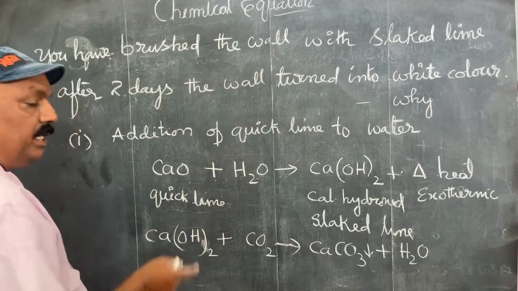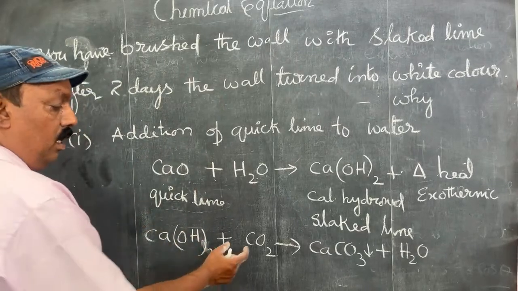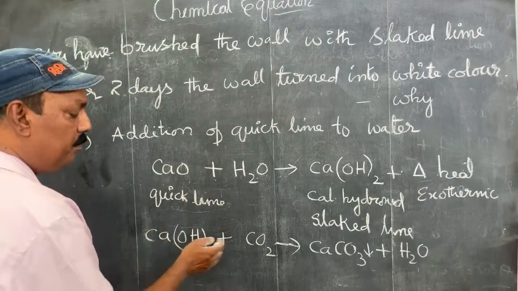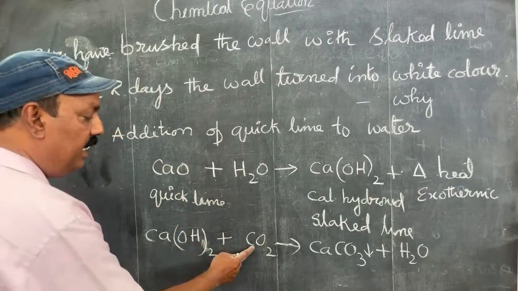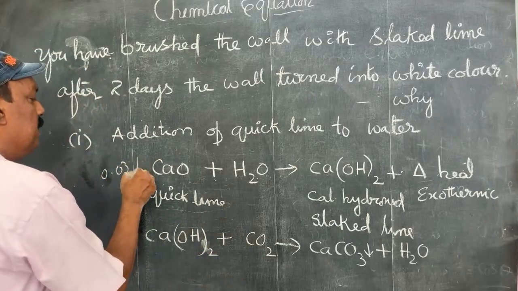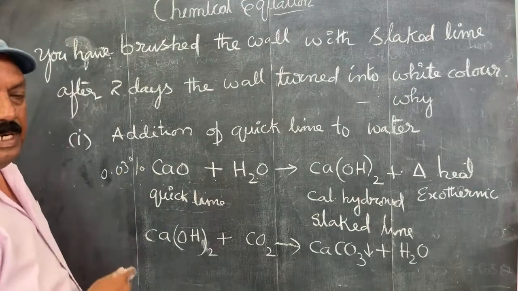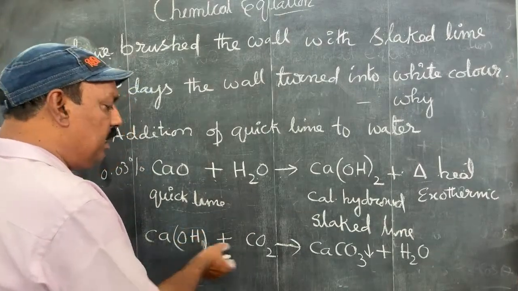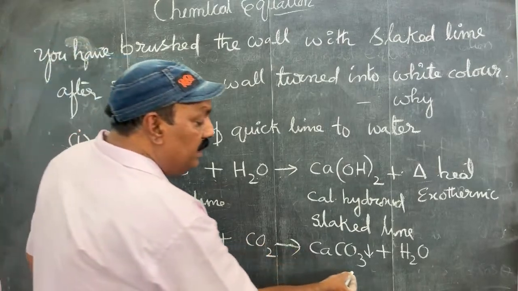Why? Because in the atmosphere, it has to absorb carbon dioxide, which is present at 0.03%. In the atmosphere, the percentage of carbon dioxide is 0.03%. After absorbing the carbon dioxide, it forms calcium carbonate.